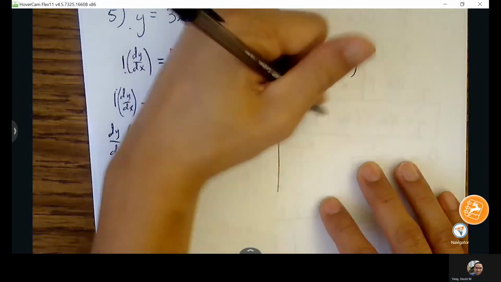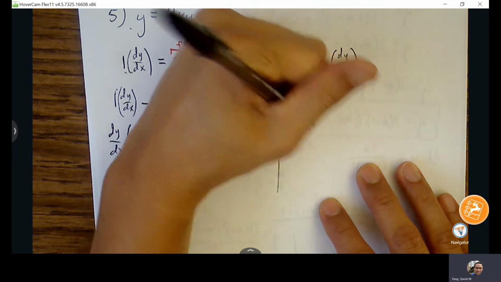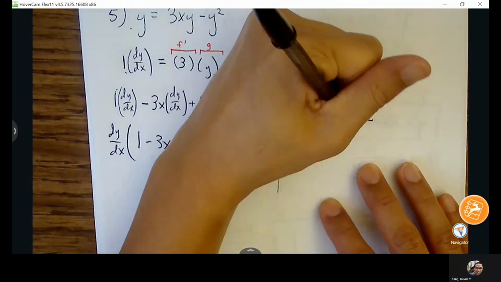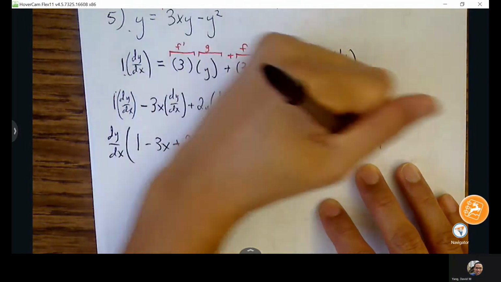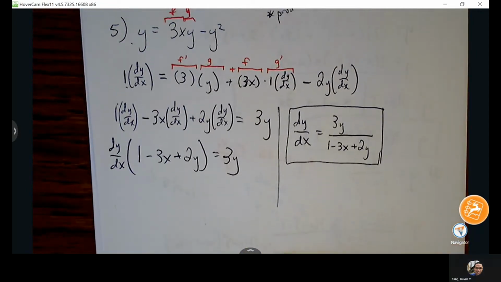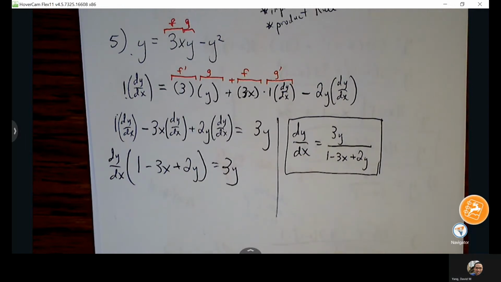Divide the parentheses over, and now you have a slope formula for your original equation. Okay, any questions?